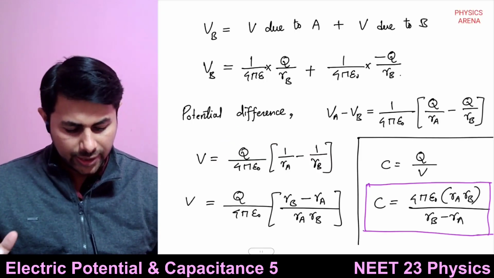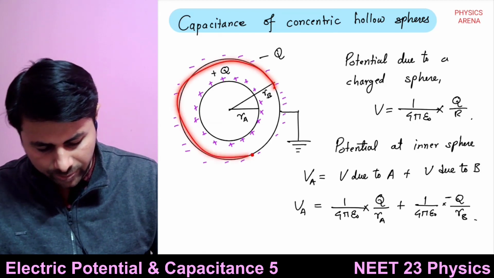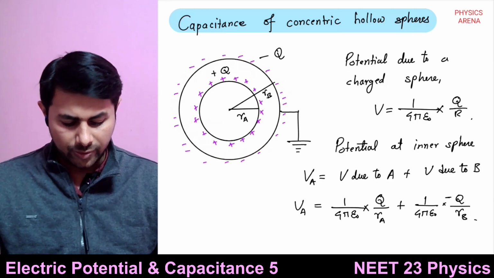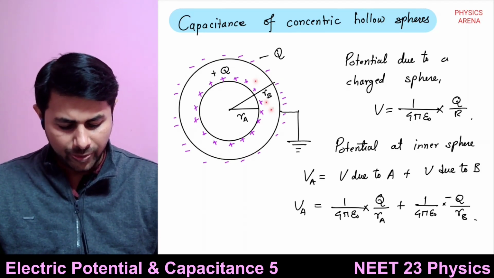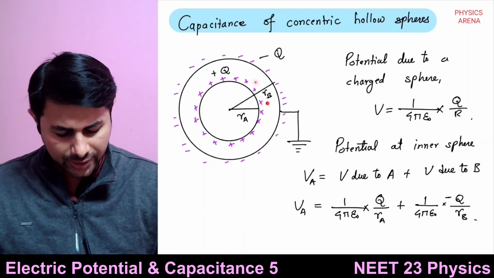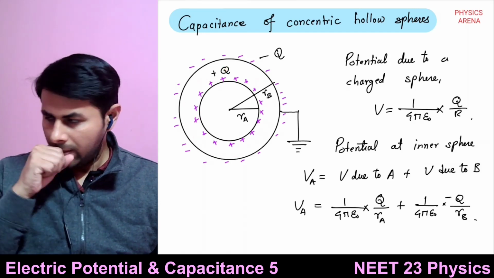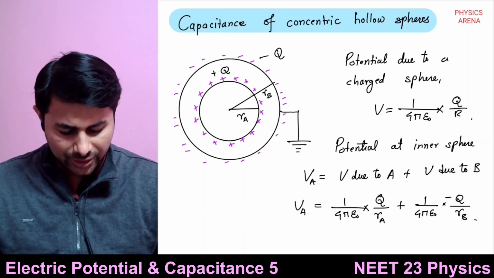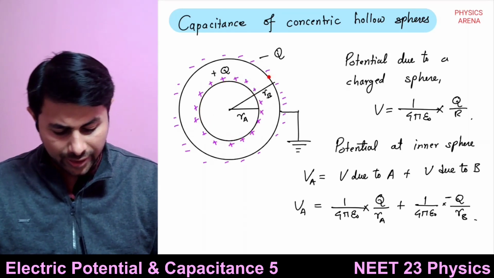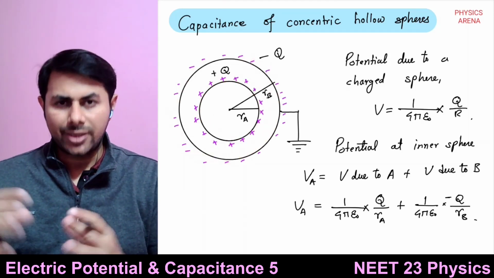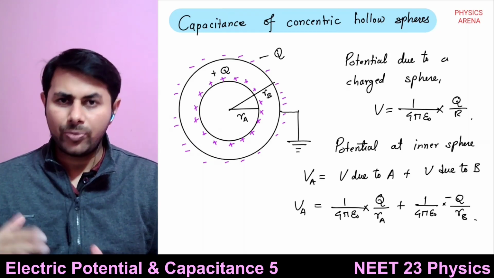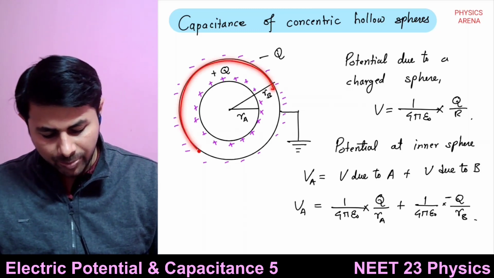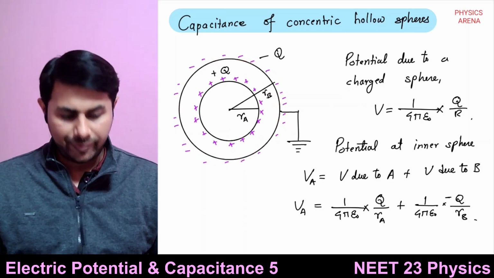So see, just like we discussed in the case of two concentric spheres, there will be some potential due to the inner sphere and some potential due to the outer sphere, and we want to find the potential difference.